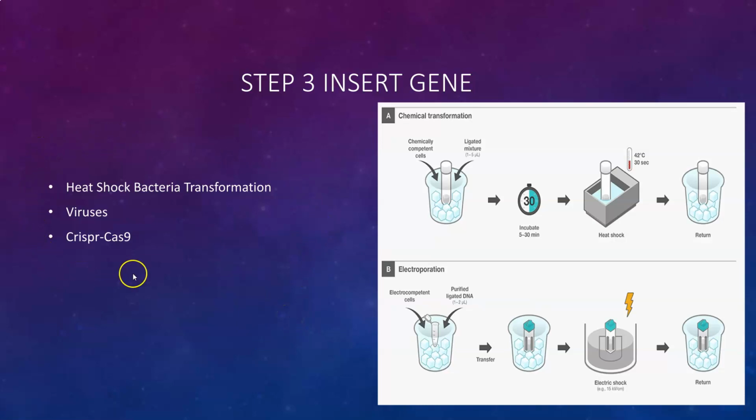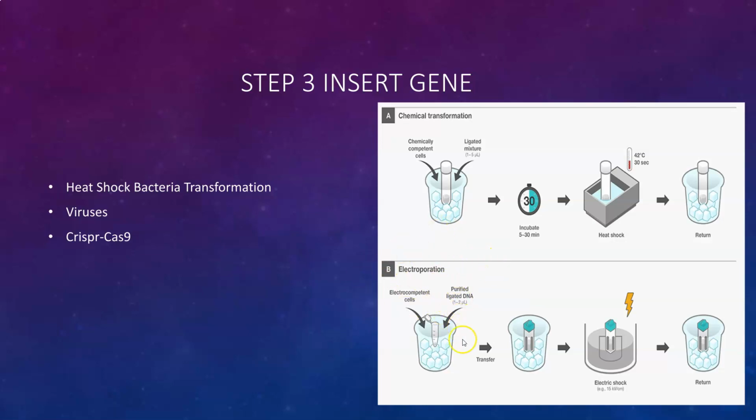There are 3 different ways really to look at this. We talked about the heat shock bacteria transformation a couple of weeks ago, where you have your target DNA or plasmid sequence made, and it's in a solution with the bacteria, and you cool it down for a little while, and then you put it into a warm bath and then an ice bath, and that'll allow the bacteria to open up its pores and possibly let that target gene into it.